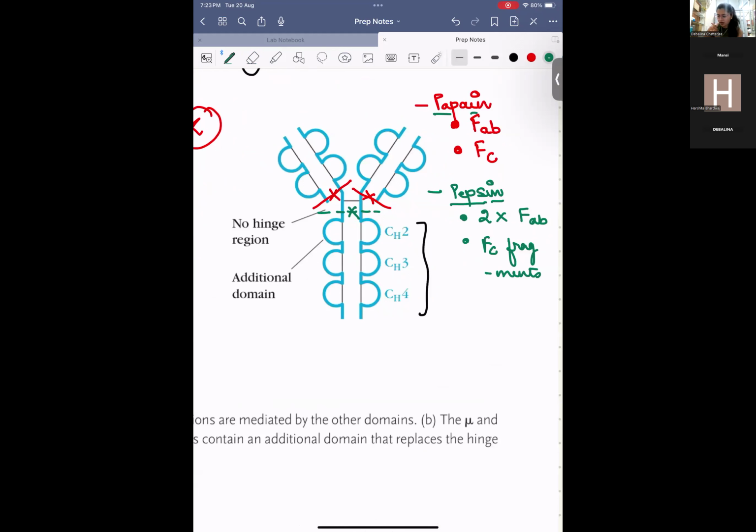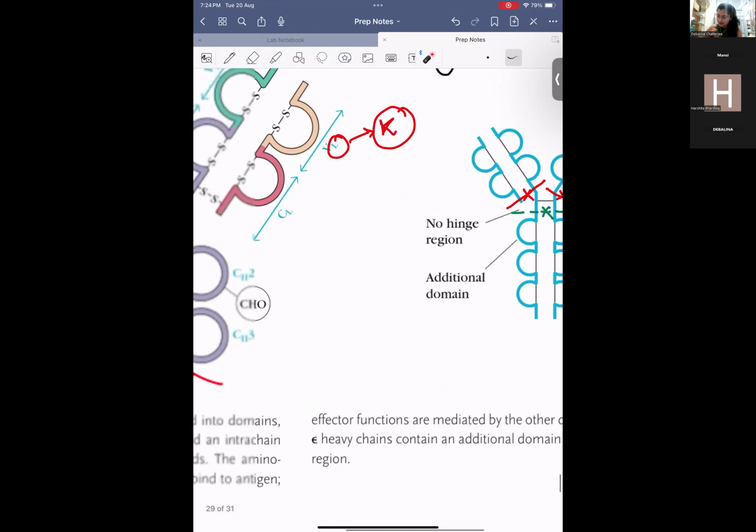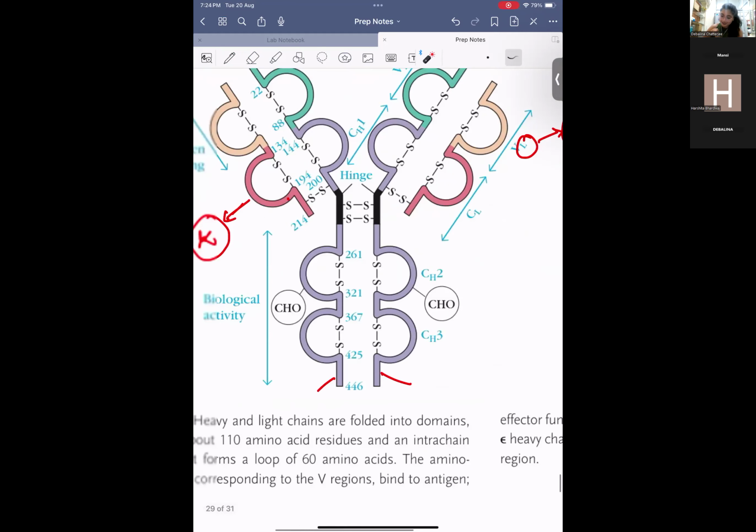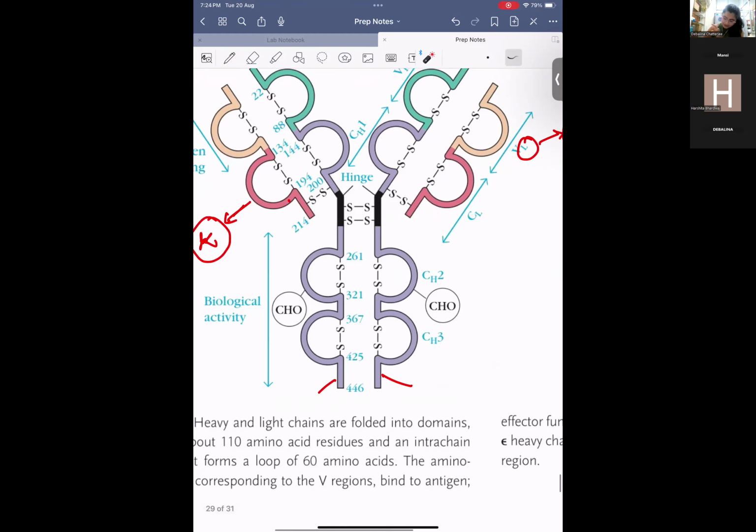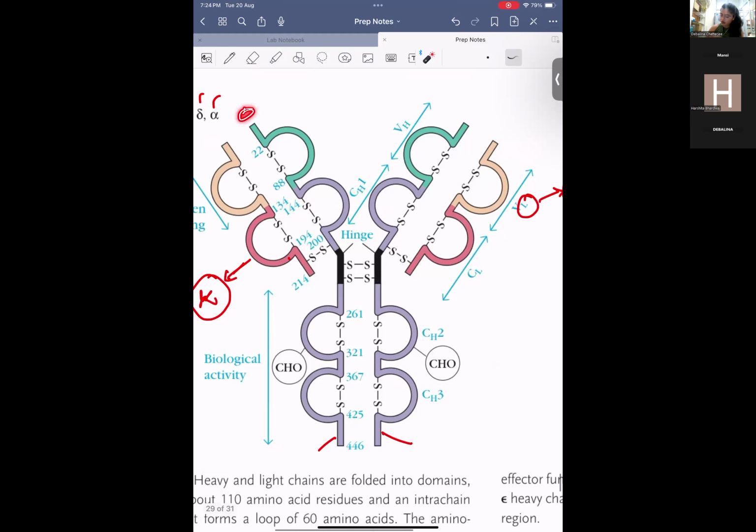Pepsin cleaves below the disulfide bonds. We have disulfide bonds here; this is called the hinge region. Pepsin cleavage occurs below the disulfide bonds, and that's how you have two FAB fragments still joined and no intact FC fragment.